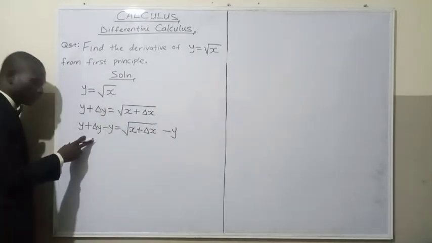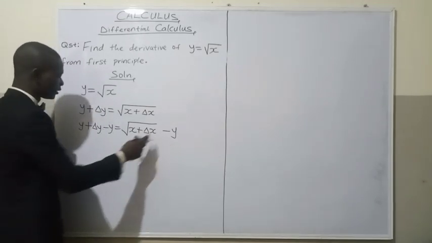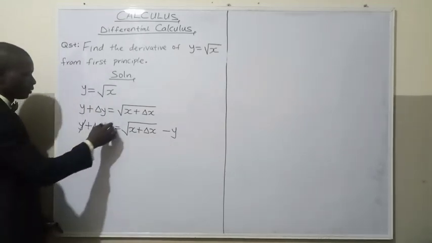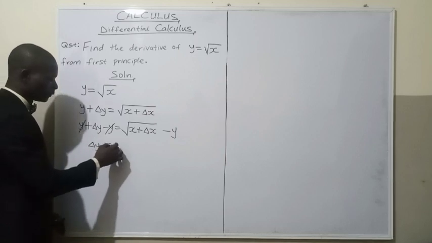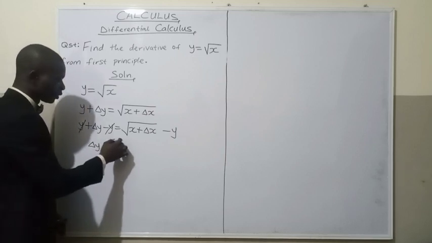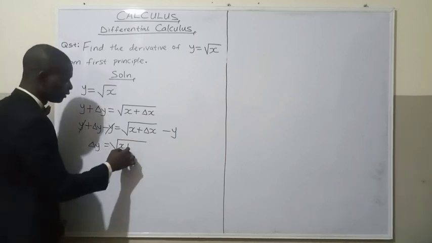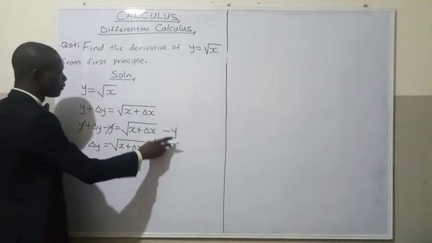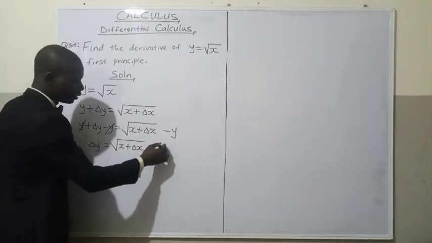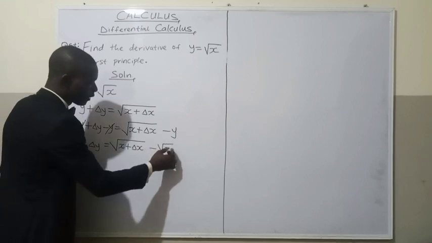As it is to the left hand side, it has to be for the right hand side. And then y minus y cancel out, you'll be left with delta y. That's equal to square root of x plus delta x minus the equivalent of y from the question, which is square root of x.